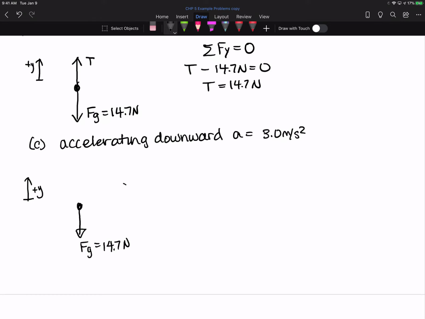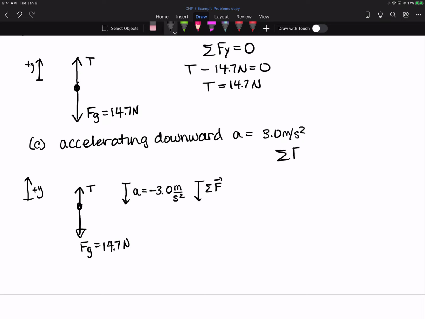But what I realize is that the acceleration is actually pointing down. So if my positive y direction is upward, this means that my acceleration is going to have a negative value because it is a vector. And it also means that the net force is going to be in the same direction as the acceleration, which means it's going to be downward. So when I draw my tension in this picture, I need to make sure that I draw it smaller than the force of gravity because the net force has to be in the downward direction.